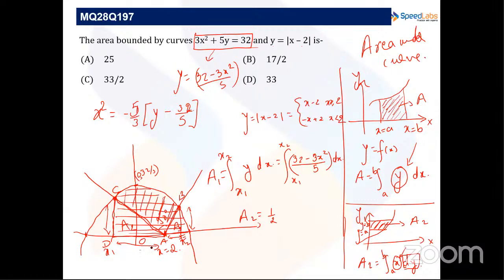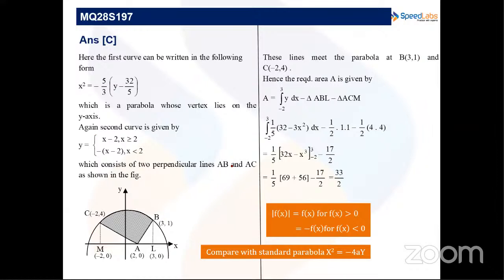This length is 2, this is the length from the origin. This is x1. The mod of x1, we will get x1 as a negative value. So we can easily find these areas and subtract them. Okay, so moving to the solution, we have written this, and this is the curve. This is the required area we need to find.